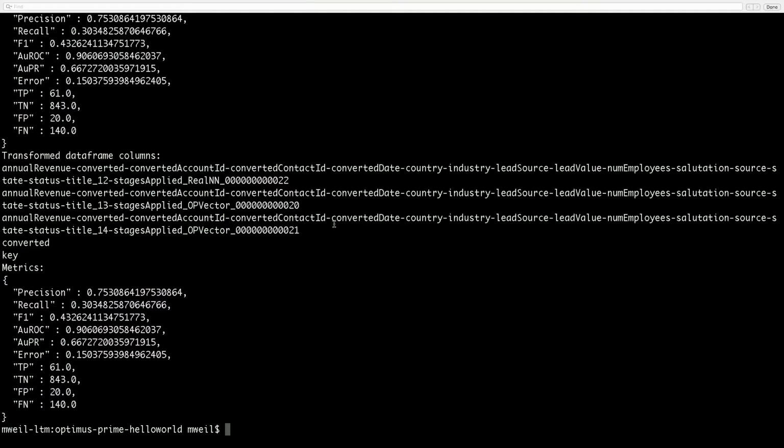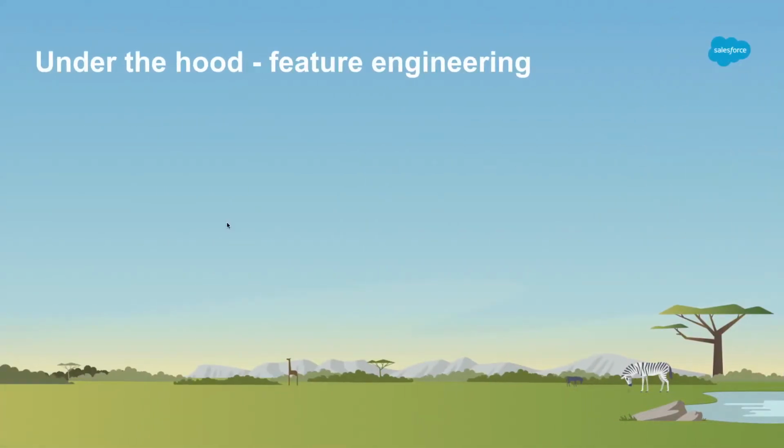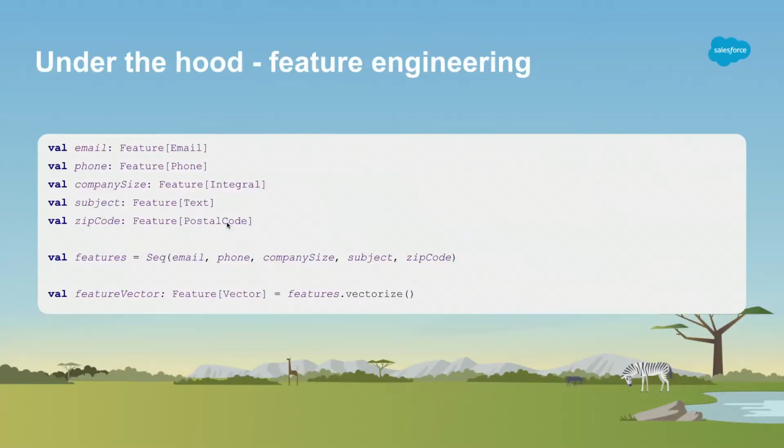So the training is done. We built a model, but I'm going to talk about the result later in the talk. So about feature engineering, to deal with this issue, we created in the library something called features. A feature basically is a pointer to a column of a Spark data frame.